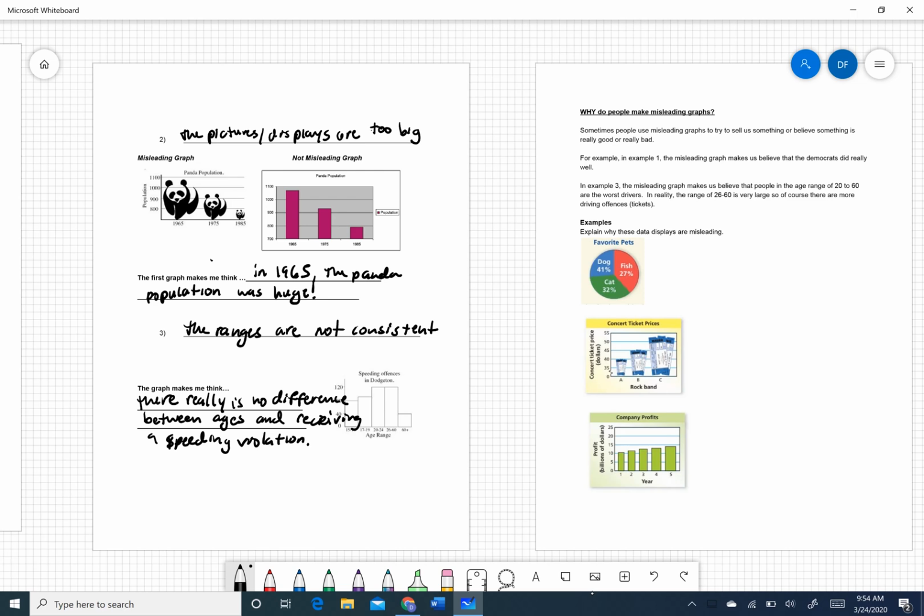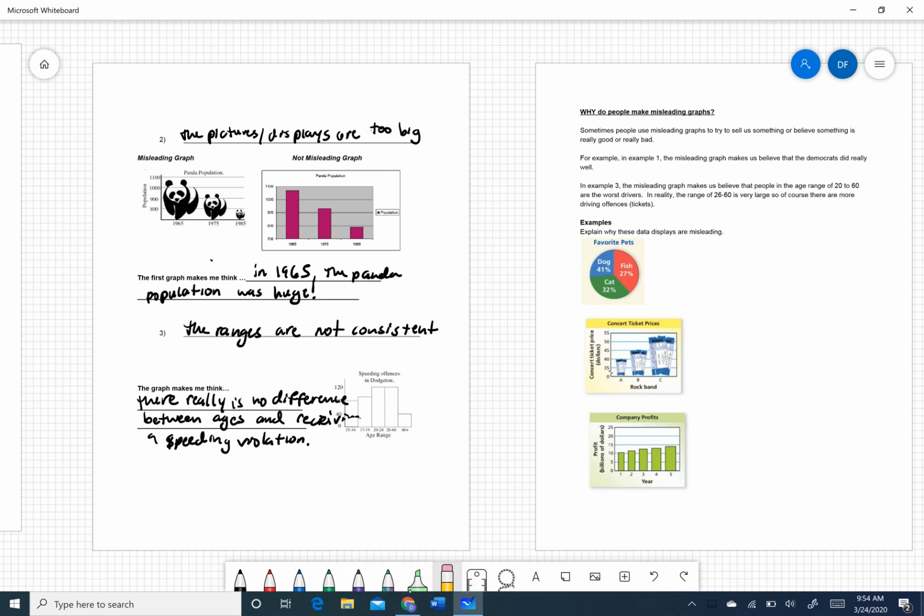Right? And so if I look at this data, my age ranges, right? I'll go ahead and I'll erase the bottom part of that G. So if we're looking at this, my age ranges are a little bit off, right?